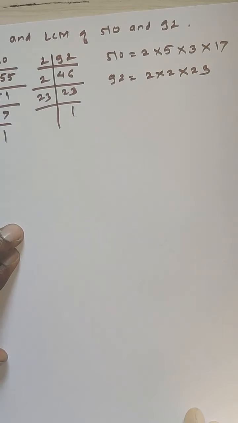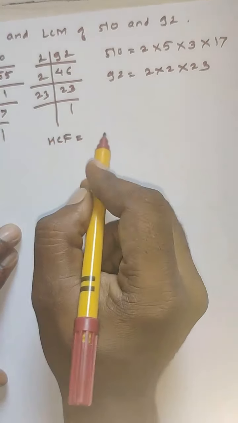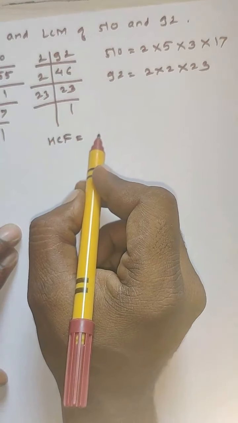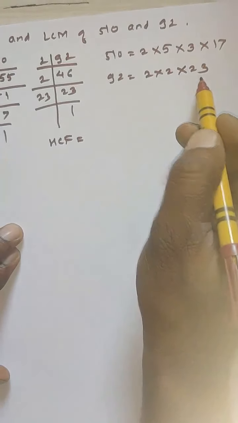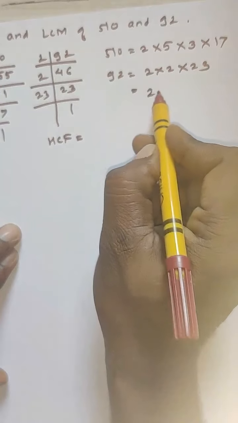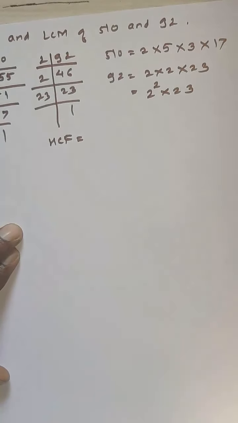Now we have to write the HCF. So the HCF of both these numbers will be what? This 2 into 2 into 23, that you can write as 2 square into 23.